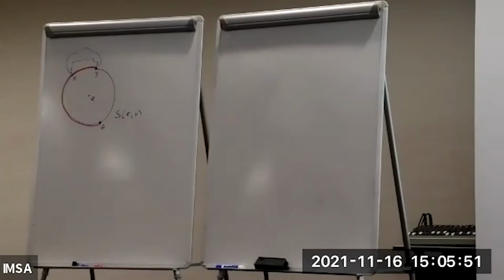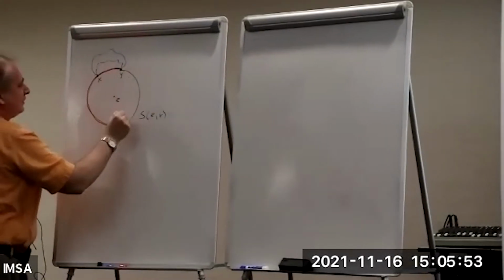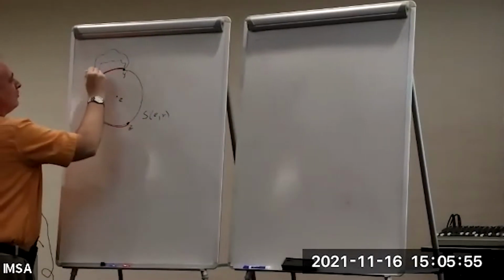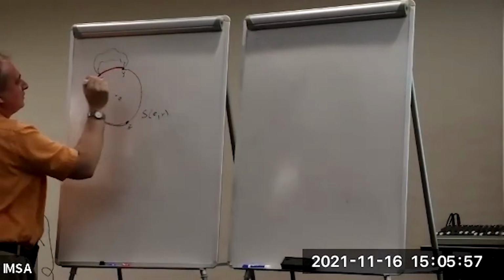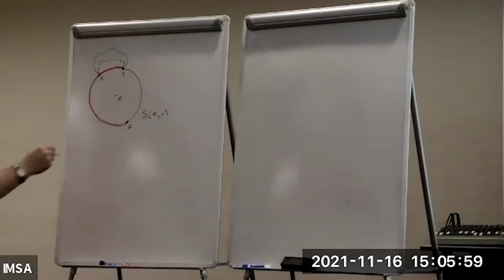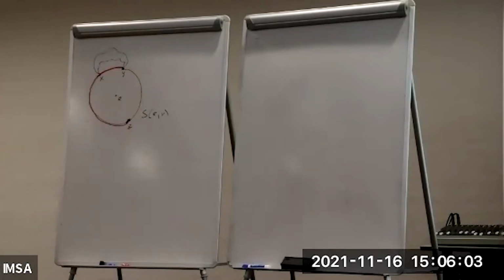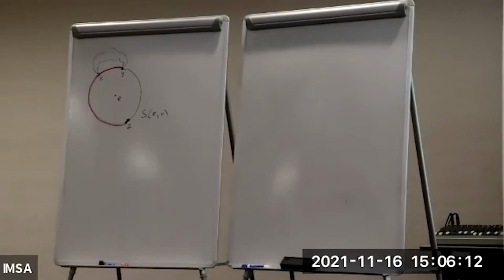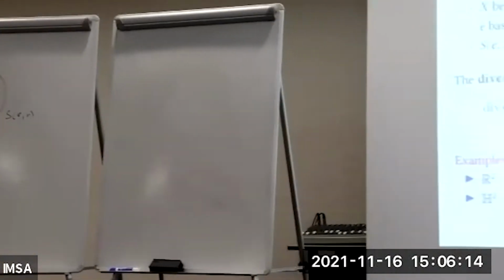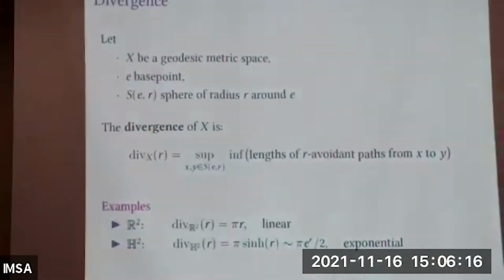Like, these are your students, paths which lie on the sphere. They are in the honors class, and the worst is the farthest down. So that's a well-defined invariant of metric spaces, of geodesic metric spaces.